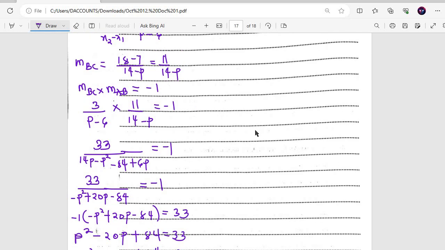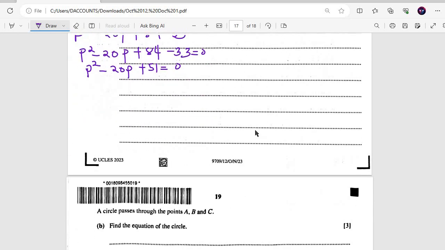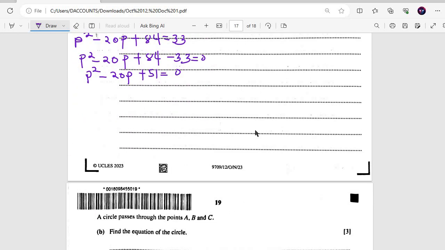Okay, it's correct. So let's use the quadratic formula: x equals minus b plus or minus the square root of b squared minus 4ac, all over 2a. Here a is 1, c is 51.